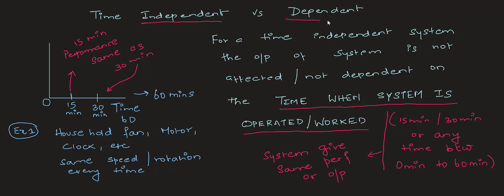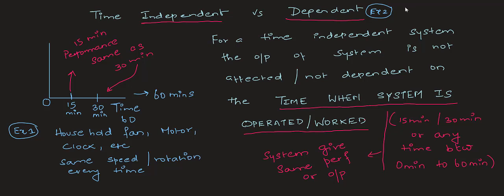A time dependent system is the opposite of a time independent system, and it is not very significant in control systems, because most of the systems we will be studying are time independent. A typical example of a time dependent system is a solar panel.